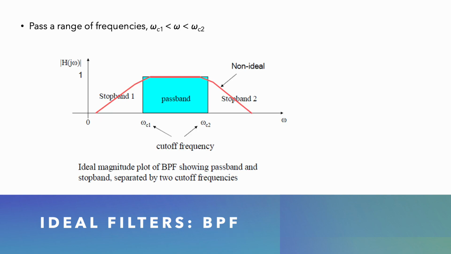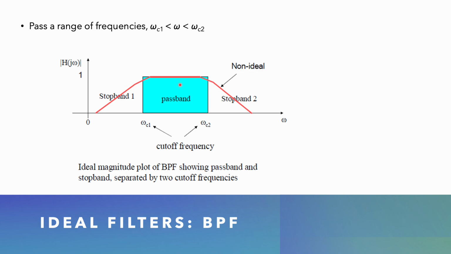stop band. Same goes with the band pass filter. The band pass filter allows some range of frequencies to pass through. The range is between a lower and a higher frequency, and it discards the rest of the frequencies. Same for the non-ideal filter, between pass band and stop band there is a transition.